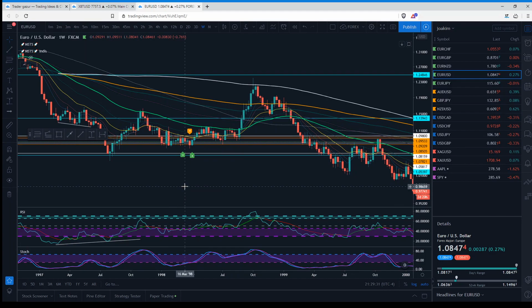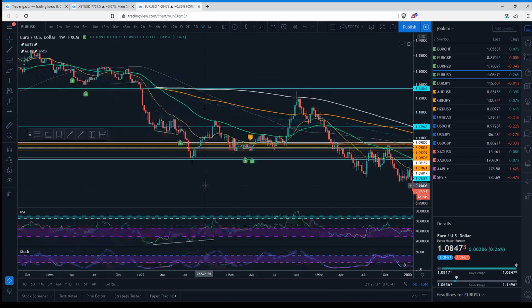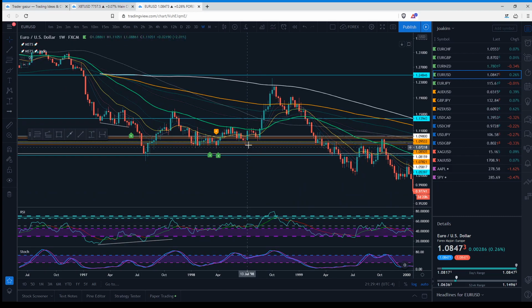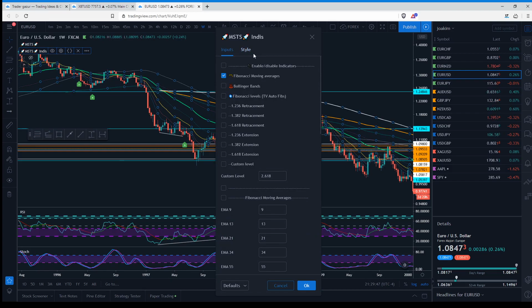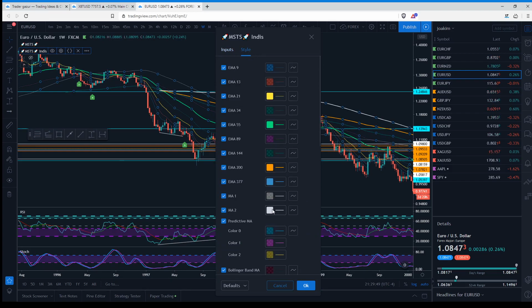What else? No divergence. We're testing to regain the 21, the RSI EMA, and then we go test the 200. I think this one is the 200. Let's check. I'm not sure. Maybe I changed it.